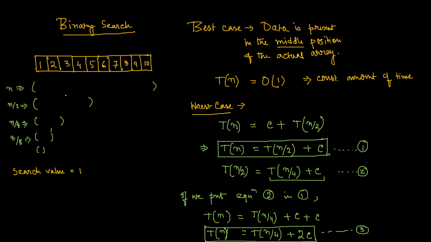The search space minimizes, and a time will come where you have only one data in the set, and that is the middle. Maybe data is present over there or maybe not, but you can then say directly whether the data is present or not present. That's all.